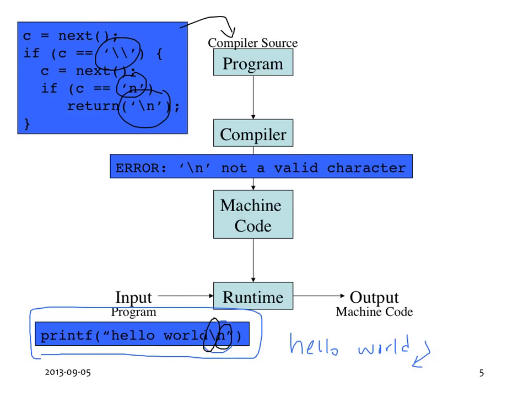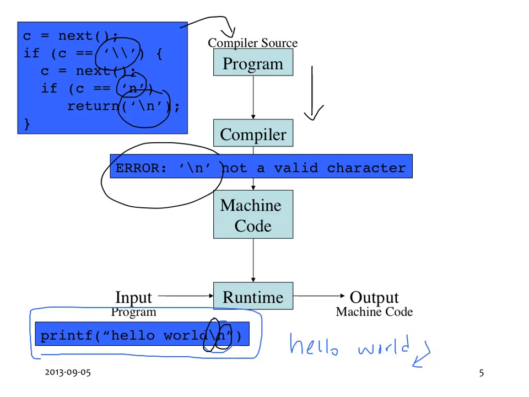You pass the compiler source through the compiler, and it will give you an error because it doesn't know anything about \n. When it reaches this part of the compiler source code, it's going to give you this error: \n is not a valid character. That's because \n doesn't really exist in the real world.